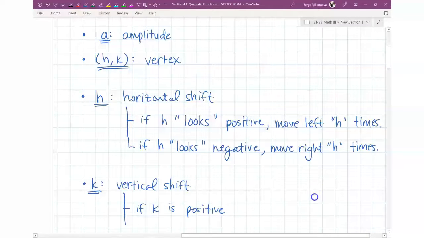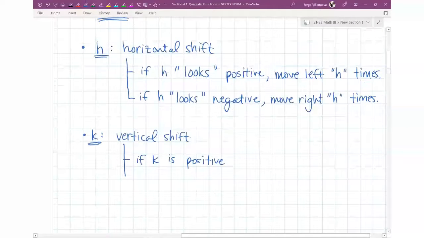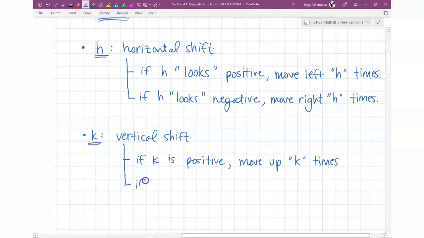It doesn't try to tell you something that it's not. So if k is positive, move up k times. And if k is negative, move down k times.